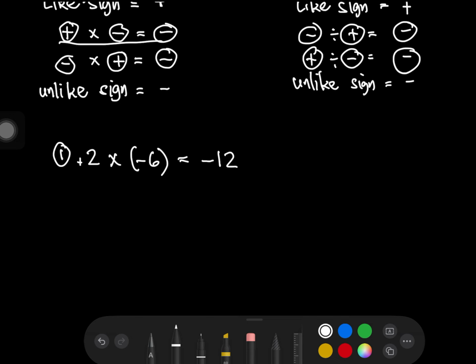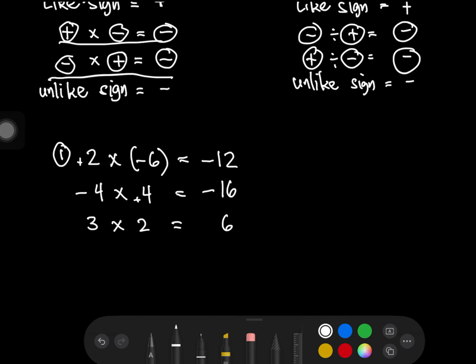And if you have negative 4 times 4, this is negative times positive, so it will always give you negative. 4 times 4 is 16, so the answer is negative 16. But if you have 3 times 2, both are positive, so you get 6.